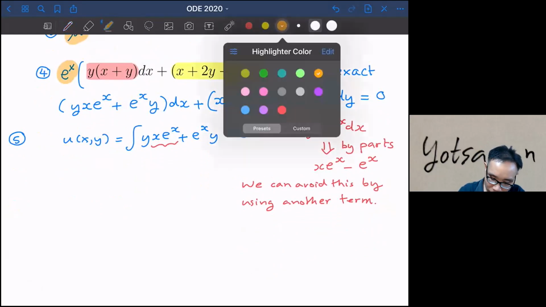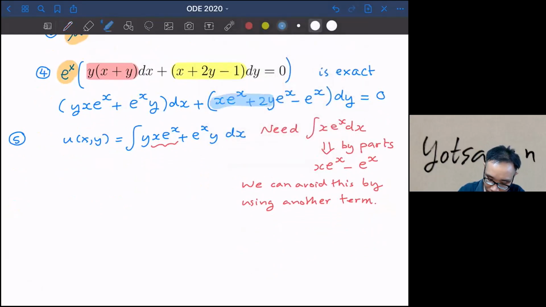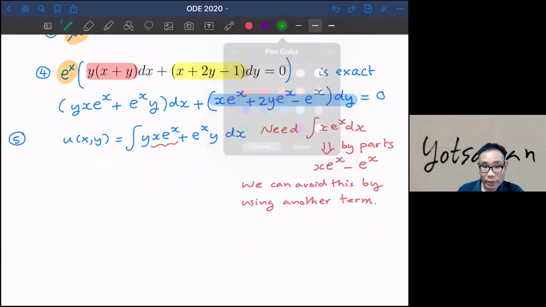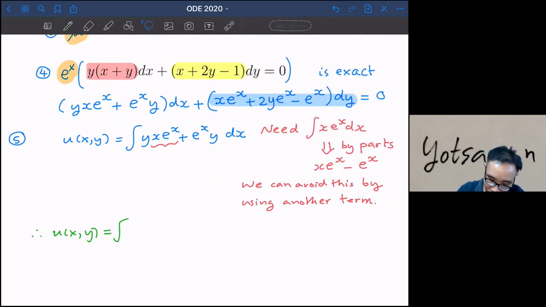It means we can just use the blue one. So we have u(x, y) by integrating the blue one instead. Let's use some other color. So it's going to be the integral of the blue one. Let me just copy them.